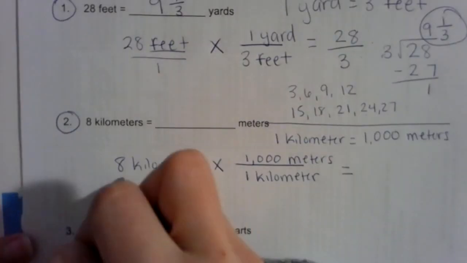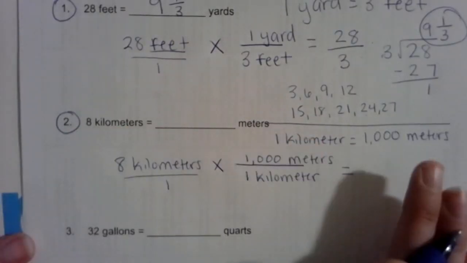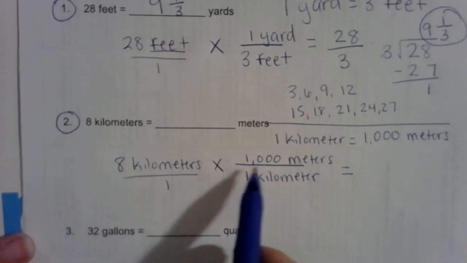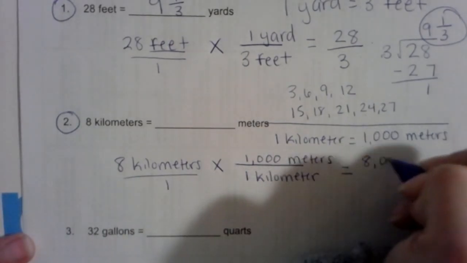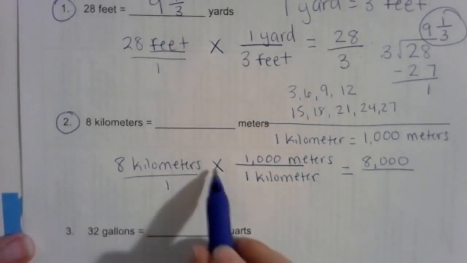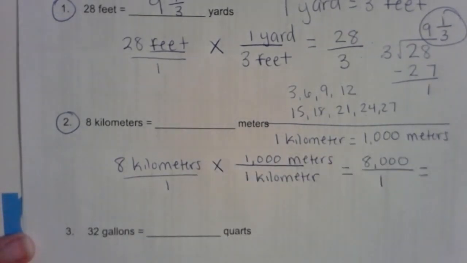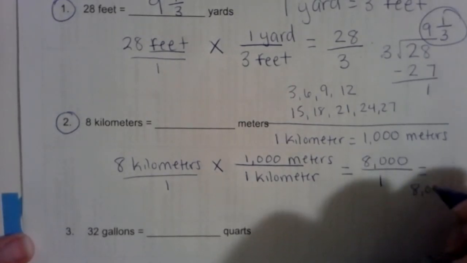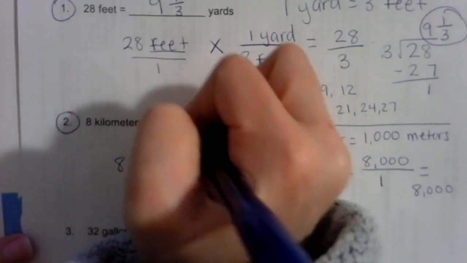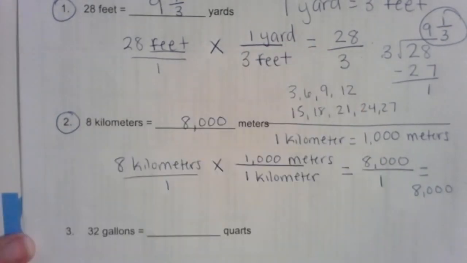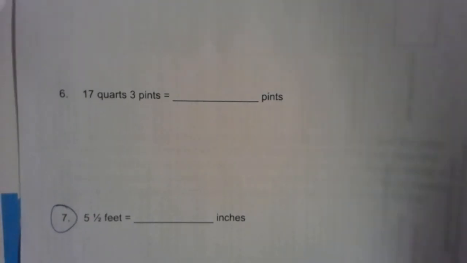We're going to place this over 1 so that we can multiply straight across. 8 times 1,000 is 8,000. 1 times 1 is 1. Well, can't leave it like that. 8,000 divided by 1 is just 8,000. So 8,000 meters.